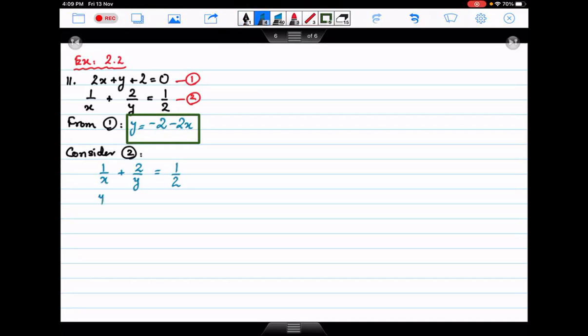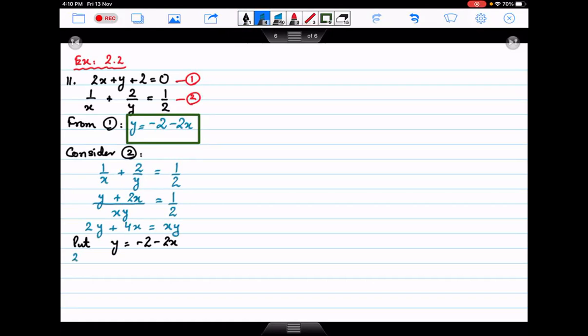So taking the LCM becomes y plus 2x upon xy is equals to half. Now cross multiplying it, it should become 2y plus 4x is equals to xy. Now I will be putting the value y is equals to minus 2 minus 2x.